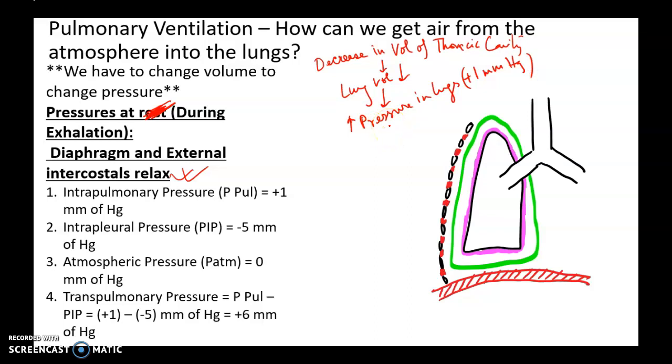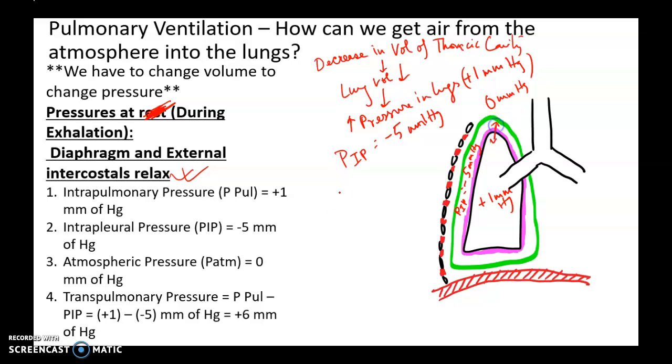And as the lung pressure is more, another thing happens. The PIP comes back to -5 millimeter of mercury. So this is +1. This is 0 as always. And PIP at this point is -5 millimeter of mercury. Okay. Now, how will you calculate the transpulmonary pressure?